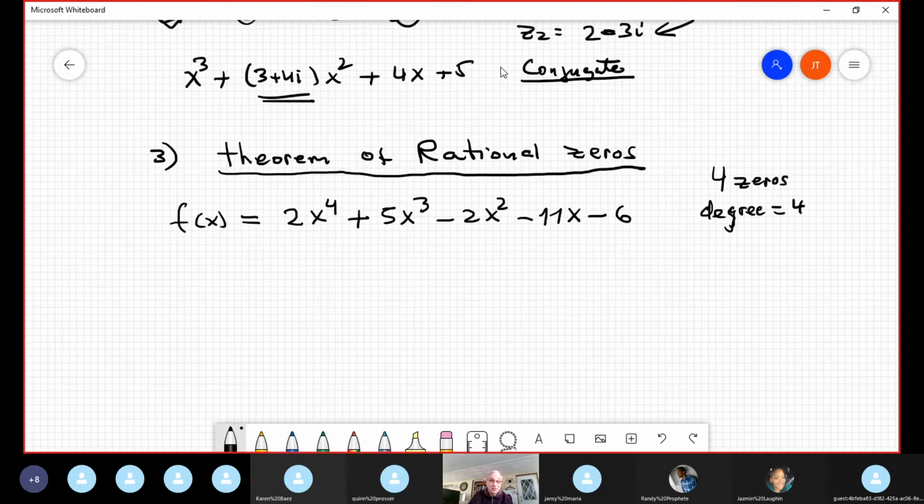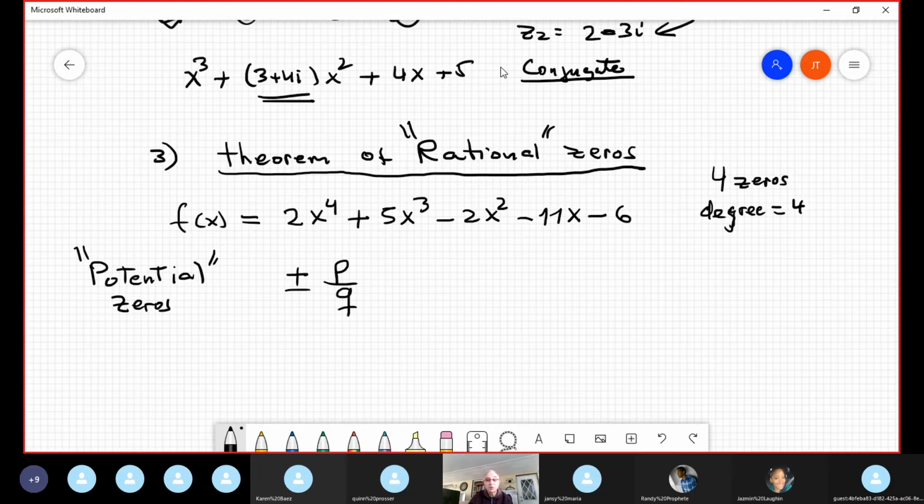So the theorem of the rational zeros is, you know, a little bit useful. A little bit, just a little bit. Not too much. Because it says that the potential zeros, and this word is important, potential zeros of this polynomial, if rational, satisfy this formula, plus or minus p over q.